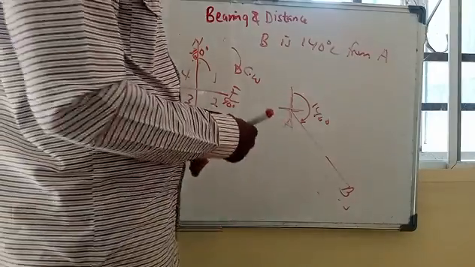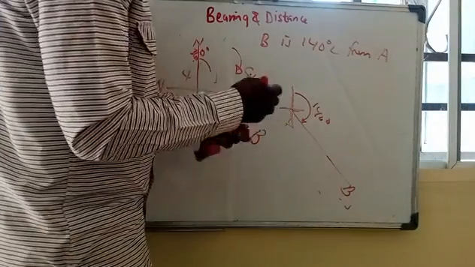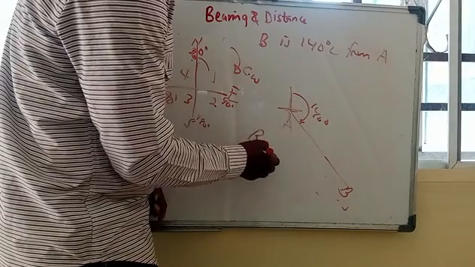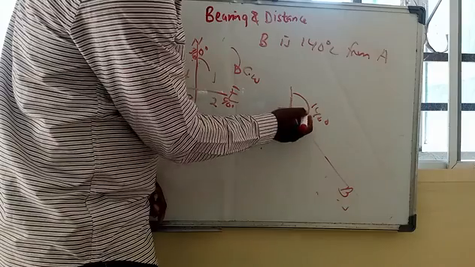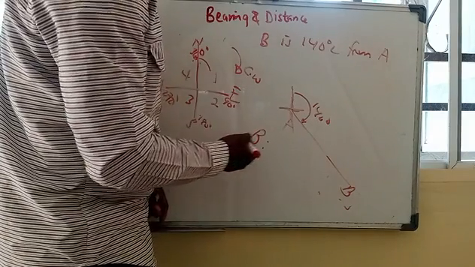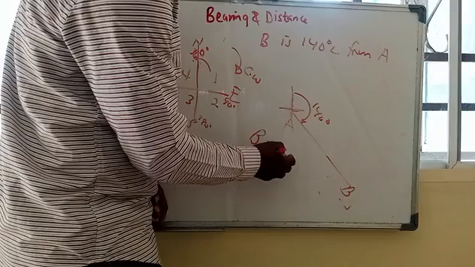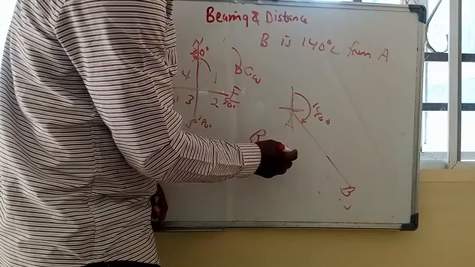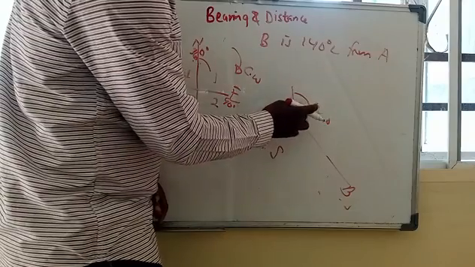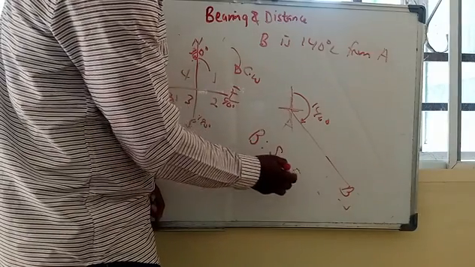So it's as good as saying that the location of B can be expressed as being located between the south and the east. You understand? How do you express it? It is located southeast.